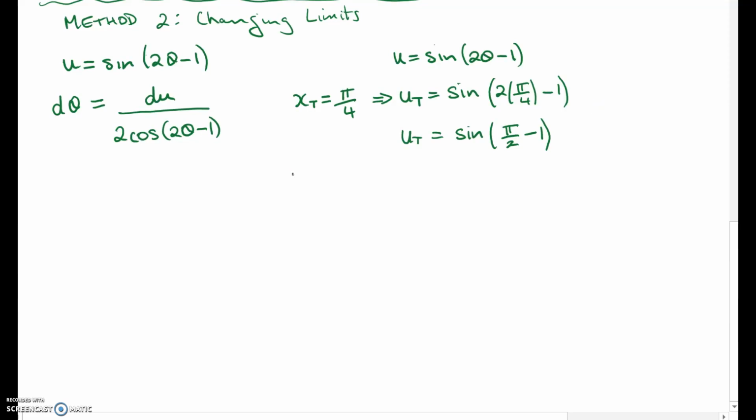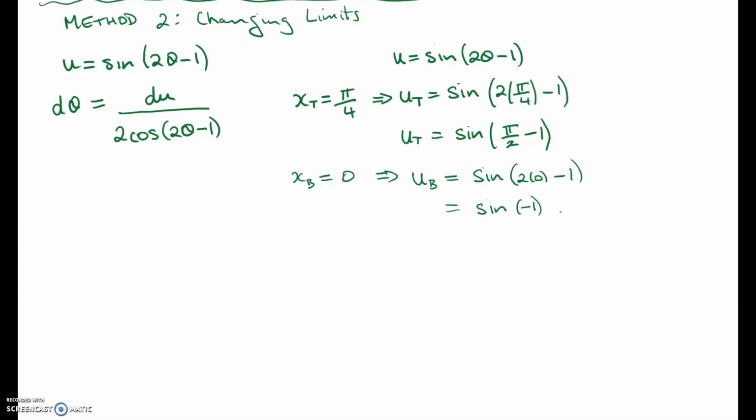The bottom limit was 0, so u bottom is the sine of 2 times 0 minus 1, which is simply the sine of negative 1. That's equal to minus the sine of 1, but since we didn't change it in method 1, we'll leave it this way. It's correct either way, whether you say negative sine of 1 or sine of negative 1.